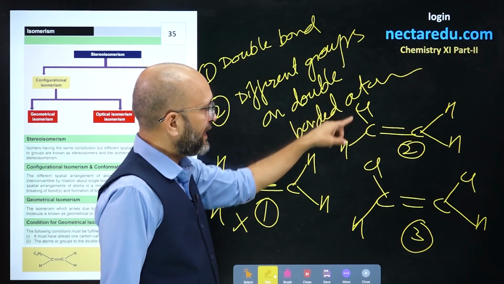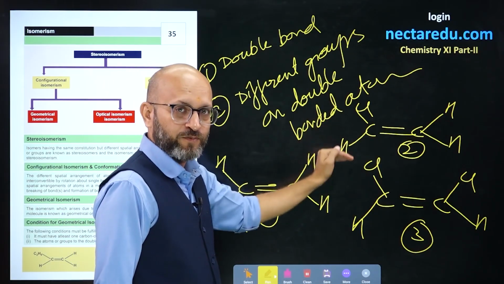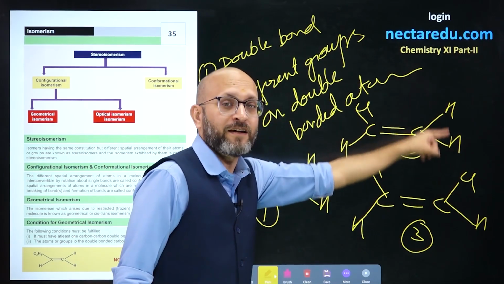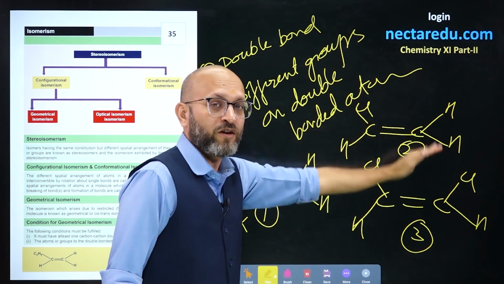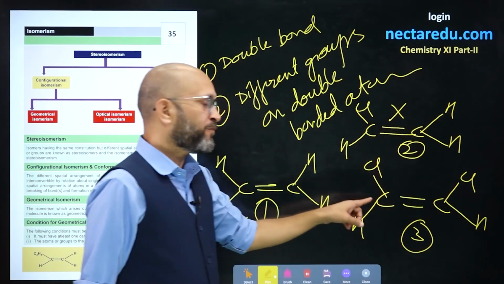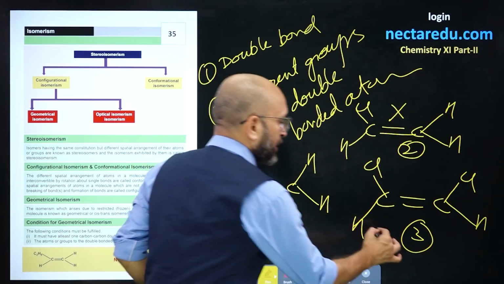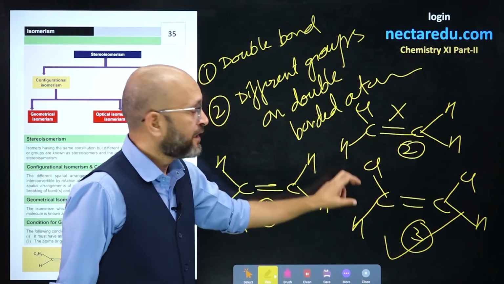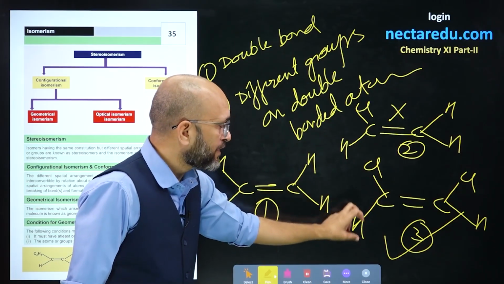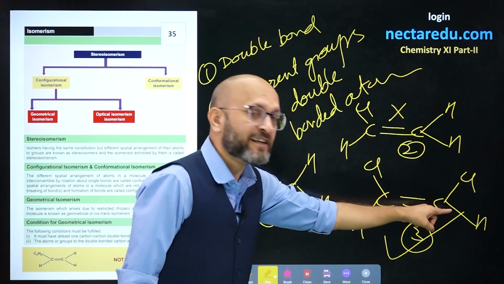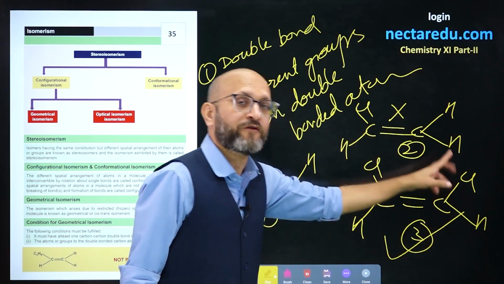Here Cl and H are present, two different groups on this double bonded carbon, but the other double bonded carbon has the same hydrogen atoms, so the same groups on the carbon, so it does not show geometrical isomerism. The third one, yes, shows geometrical isomerism, because the double bond is present and the groups attached to the double bonded carbon, hydrogen and Cl, are different, and the other double bonded carbon also has two different groups.